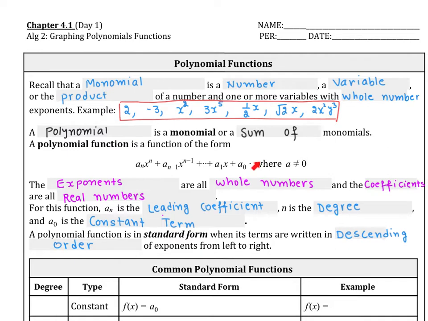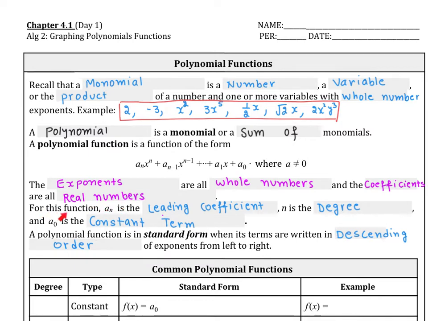and the constant. The exponents are whole numbers and the coefficient is the number in front of the variable. In this case, the coefficients for this polynomial are a sub n, a sub n minus 1, a sub 1, a sub 0, all of those. They are always real numbers.